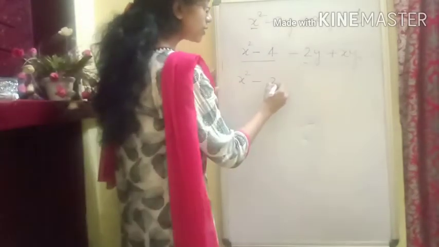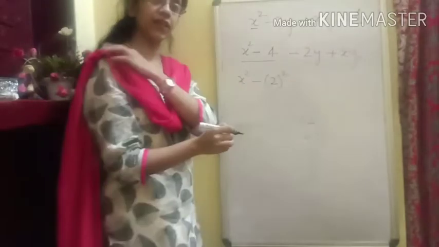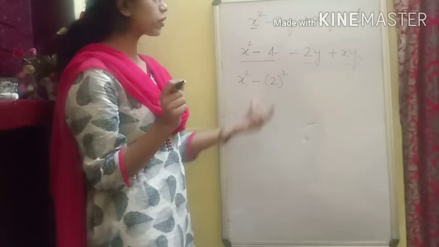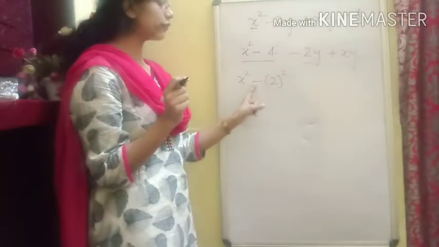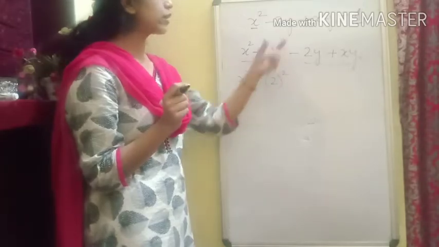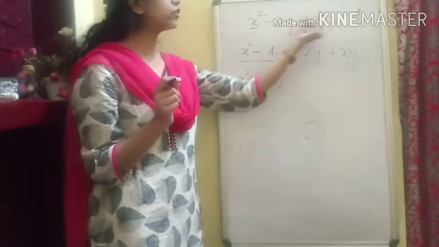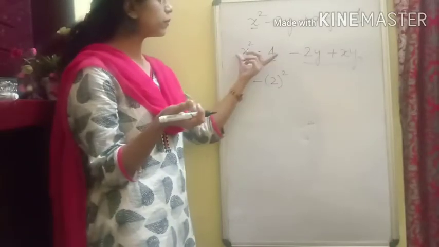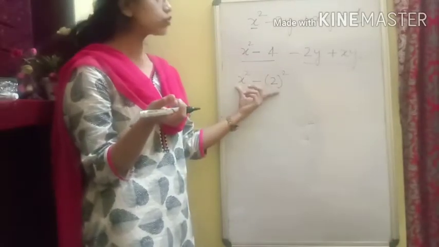So can we write it as 2 square? Yes. And that's why I have taken these two terms together, because they could be written as a difference of two squares, x square minus b square. If I would have taken any of the terms from these two terms, then I would not be able to make this a difference of squares.